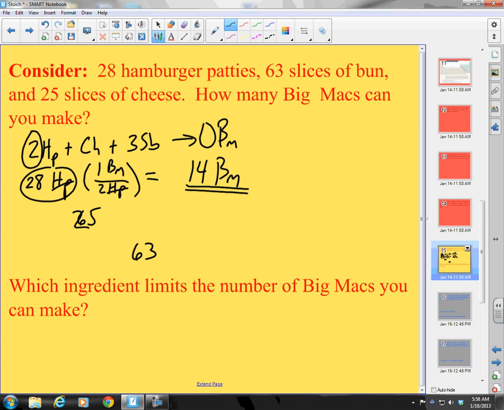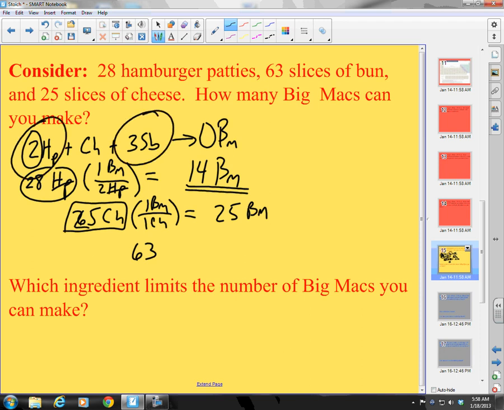Okay, what about with 25 pieces of cheese? Well, what's my ratio? 1 Big Mac per 1 piece of cheese, and I would make 25 Big Macs. So if I had 25 pieces of cheese and lots of hamburger patties and lots of buns, the most I could make is 25 Big Macs.